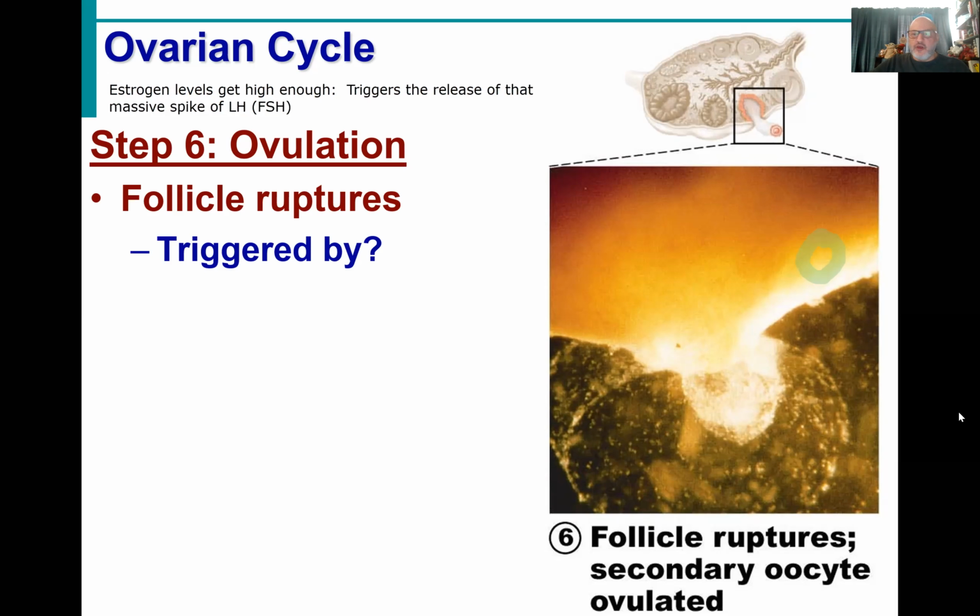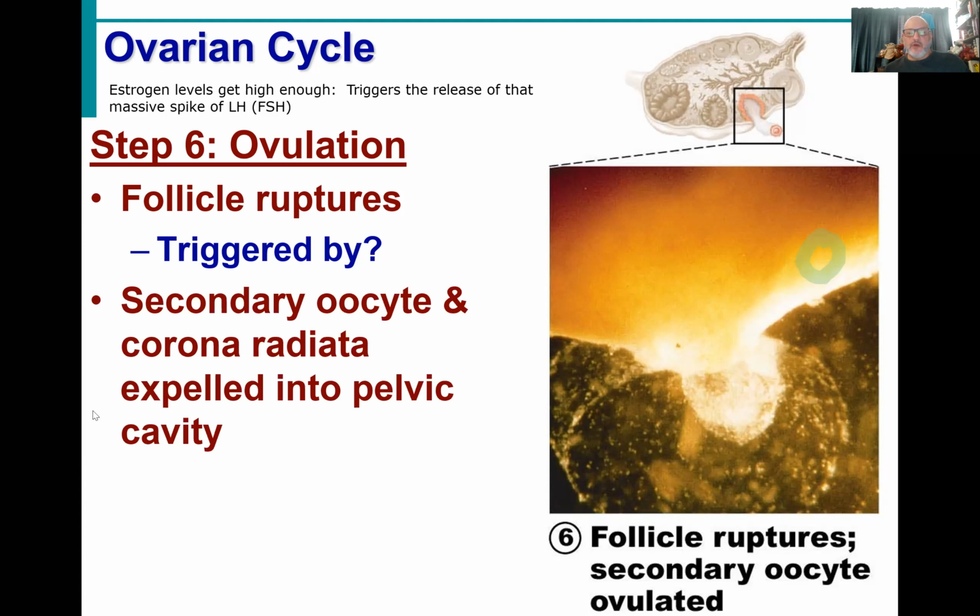Here in this picture, we actually see the follicle bulging out from the side of the ovary. There's the secondary oocyte frozen in metaphase 2, surrounded by its corona radiata, and it ruptures and bursts, releasing itself from the ovary into the peritoneal cavity, into the peritoneal fluid.